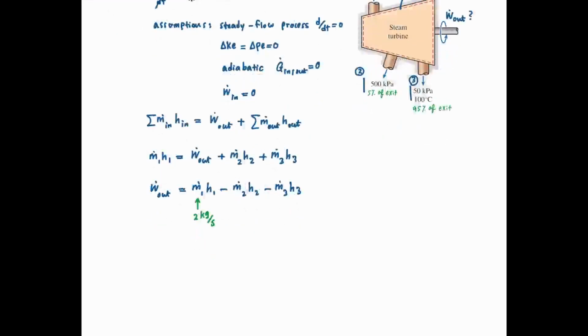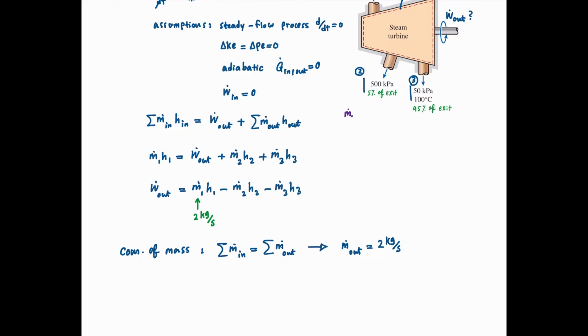Let's use conservation of mass to determine m dot 2 and m dot 3, or the mass flow rate of steam at the exit. So conservation of mass for a steady flow process in an open system: sum of m dot in equals sum of m dot out. M dot out equals 2 kilogram per second. And I see that m dot out is split into two directions.